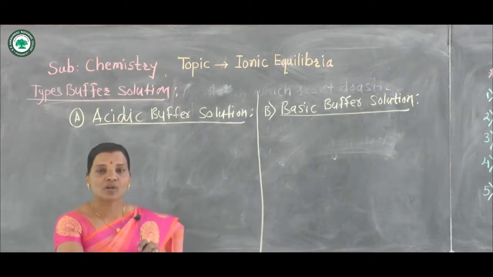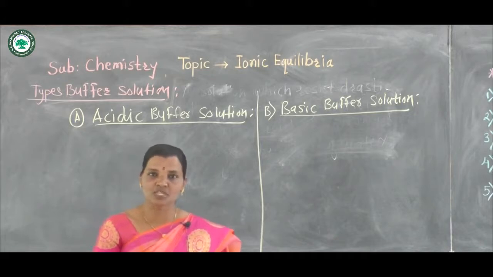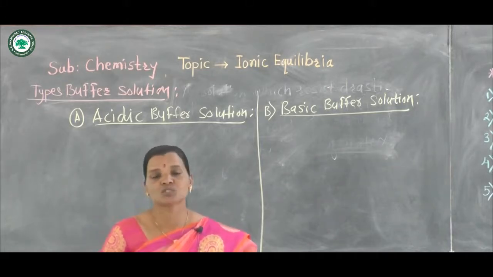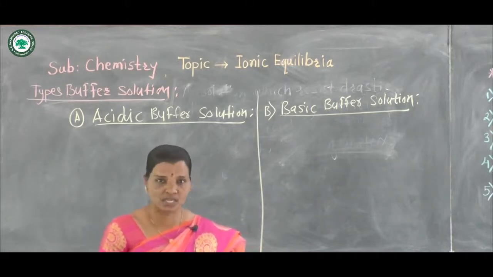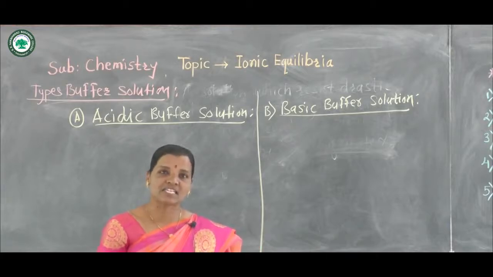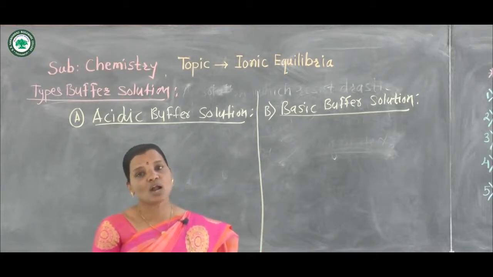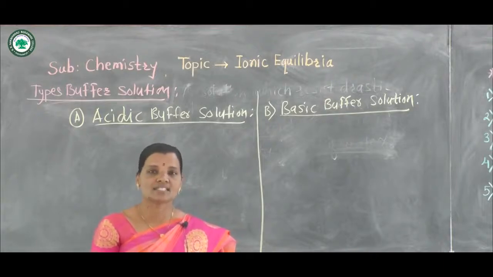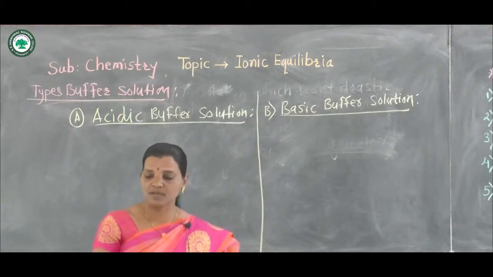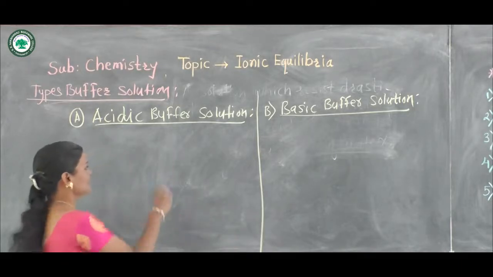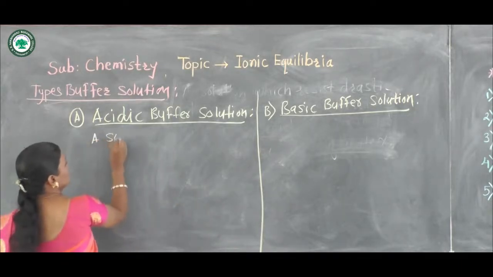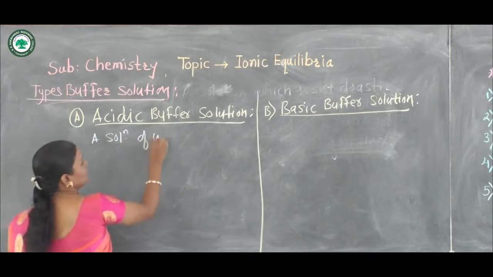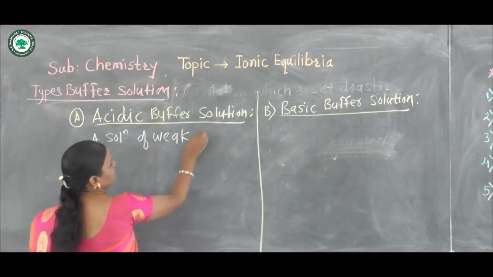Or if we want to define acidic buffer solution, then acidic buffer solution is a solution of weak acid and its salt with strong base. Such type of solutions are called as acidic buffer solution.